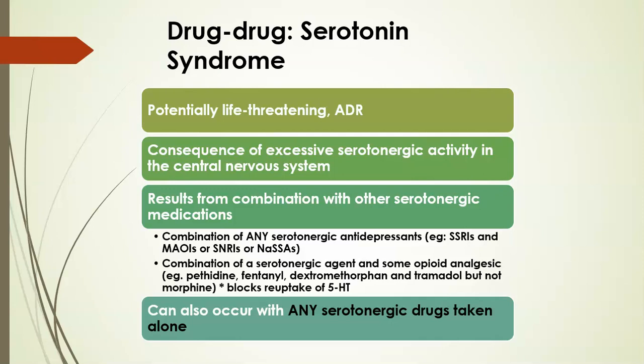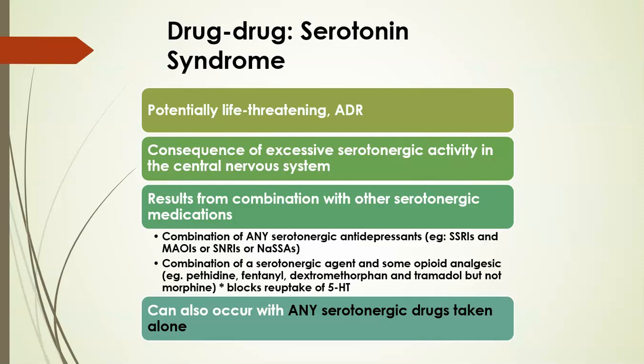So what happens is that when you have two drugs that enhance serotonergic activities in the central nervous system, then you get too much serotonergic activity, and you get serotonin syndrome. And this can happen with a combination of any serotonergic antidepressants. So if you're giving a patient two drugs that are enhancing serotonergic transmission, you can get serotonin syndrome.